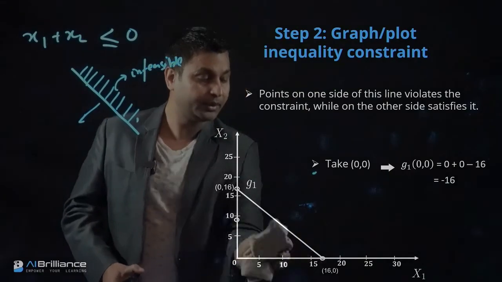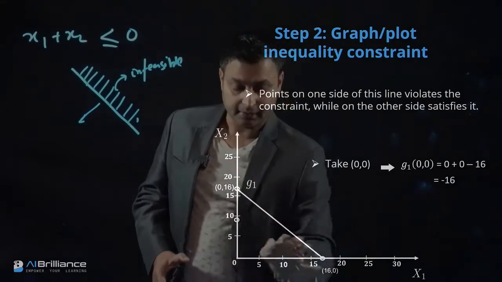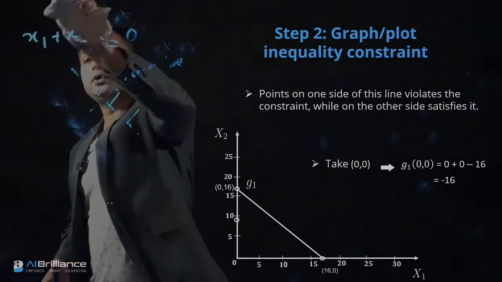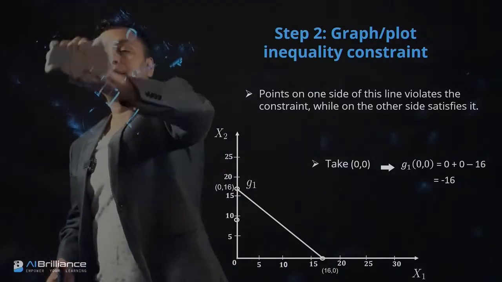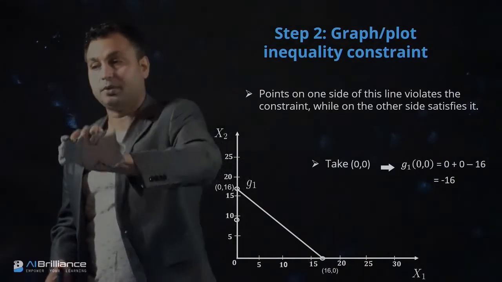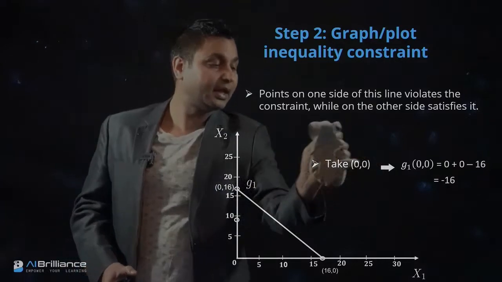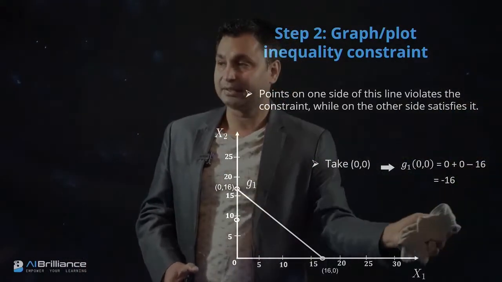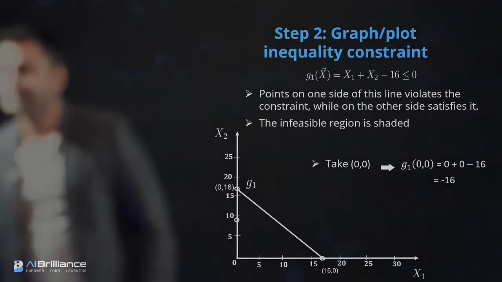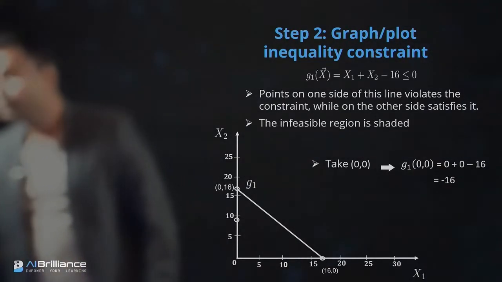So what we did here is we first plotted a line, and then by doing a simple check, putting a point on either side of the line to see whether that side is feasible or not, we marked which side is infeasible and hatched it out. Instead of hatching, you can also use shading.